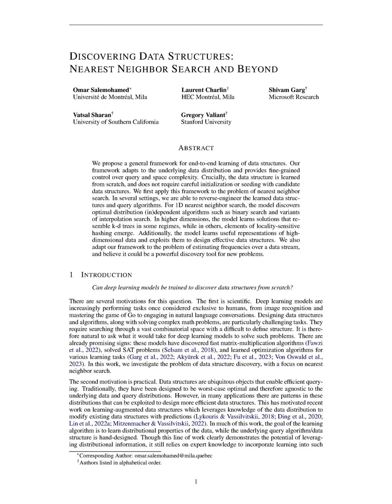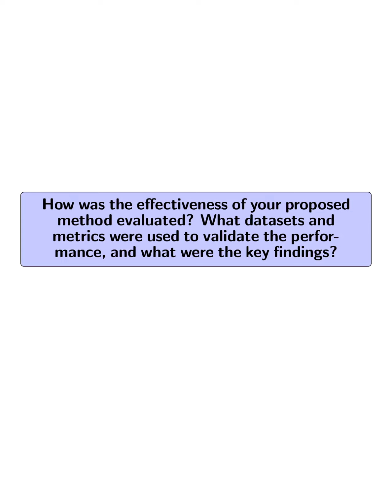Additionally, in high-dimensional data, our model learns representations that facilitate efficient nearest neighbor search, competing well with locality-sensitive hashing methods, which are traditionally used for such tasks. Overall, our approach not only improves accuracy, but also enhances efficiency by dynamically adapting to the data distribution, eliminating the need for hand-designed structures.